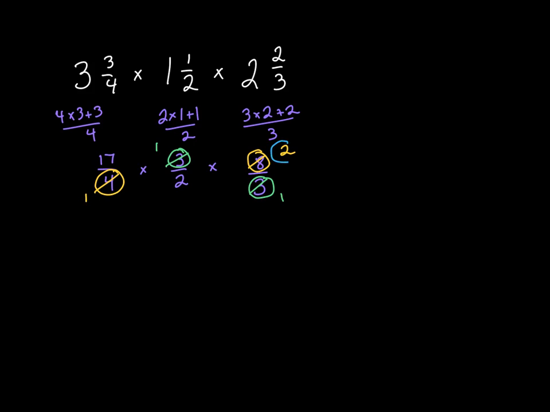But we can use the 2. So we have a 2 and a 2, which both cancel to 1. So multiply your numerators. You have 17 times 1, which is 17. Multiply the denominators. 1 times 1 times 1 is 1. And again, we have a number divided by 1, so it's just 17 simplified.